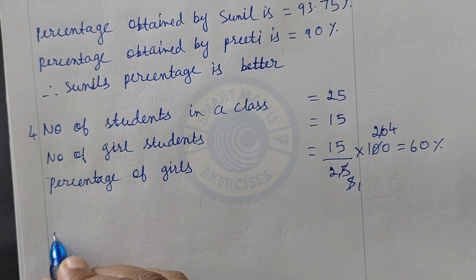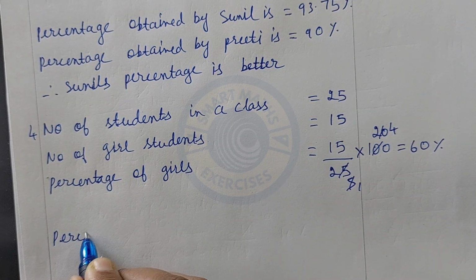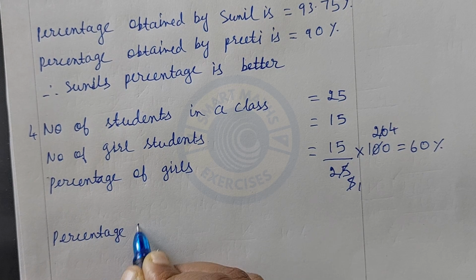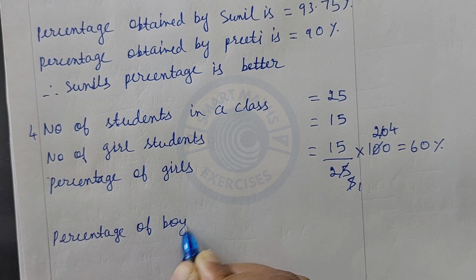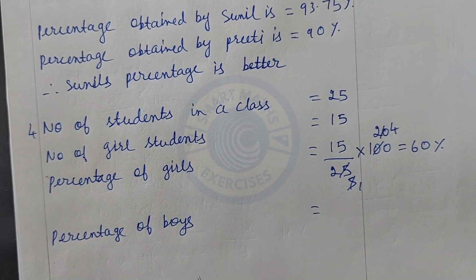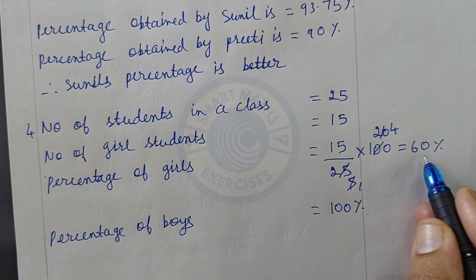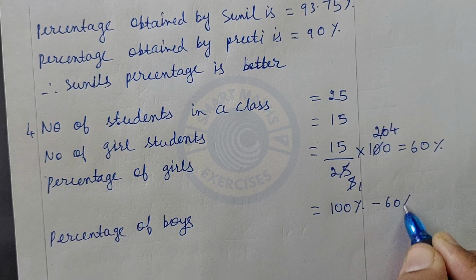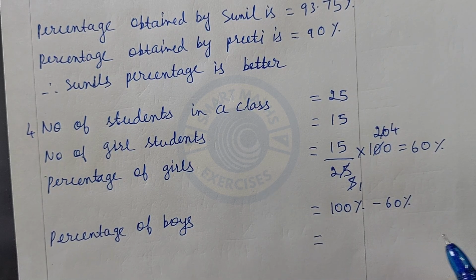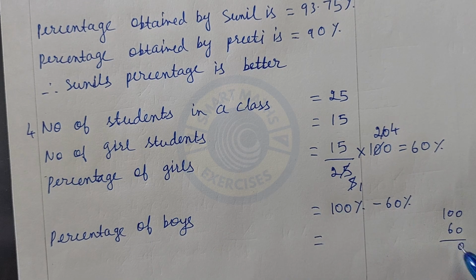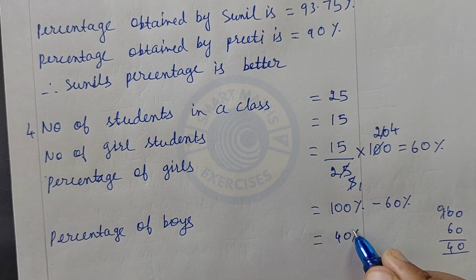Now let's find out the percentage of boys. We can find out the percentage of boys by subtracting 100% minus 60%. So 100 minus 60 is 40%.